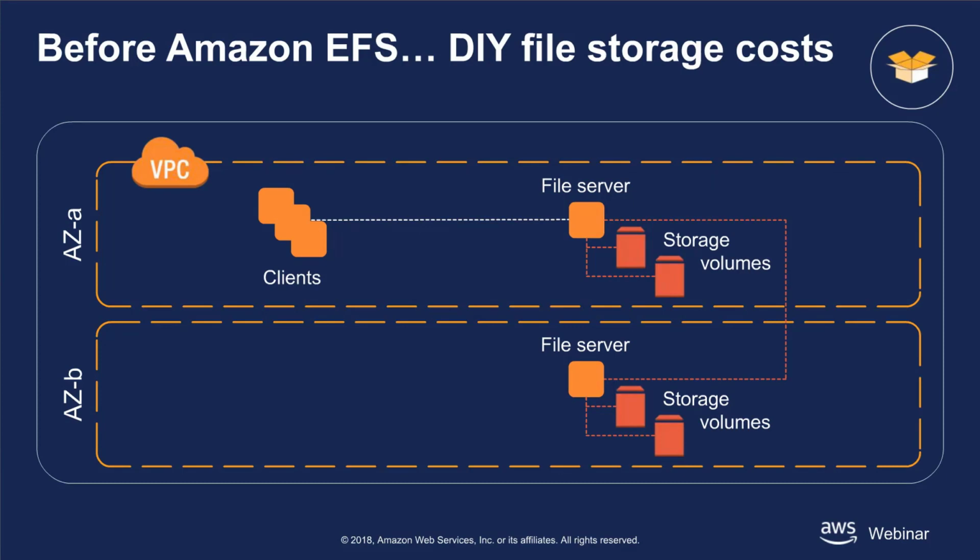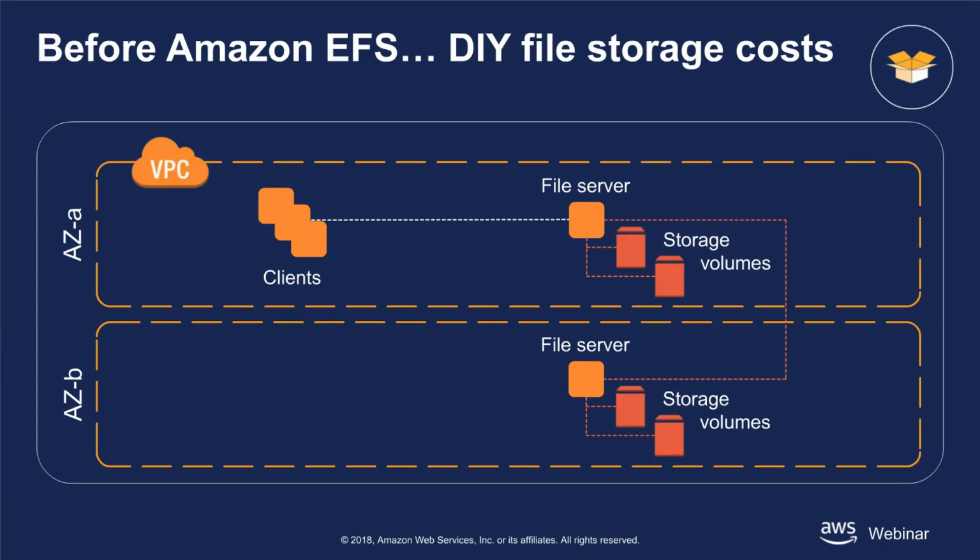So before I talk specifically about Amazon EFS, let's consider what it would take you to create a do-it-yourself shared file server in the AWS cloud. First, you'd have to allocate an EC2 instance for compute with some EBS block storage behind it, and then add an NFS server or some other file sharing software so your clients can access the shared storage.